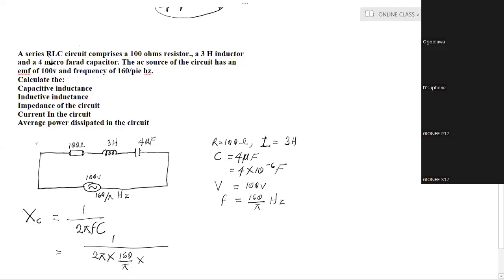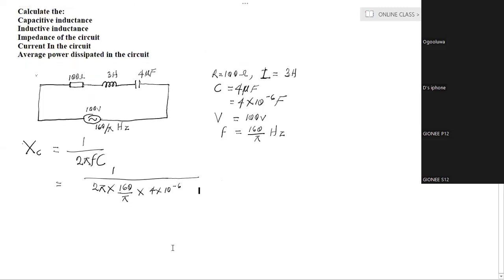So here we have the f now written, we have 2 pi, 160 over pi. Then C here is 4 times 10 raised to power minus 6. If you solve this properly, what you will see is that this pi will cancel this pi.